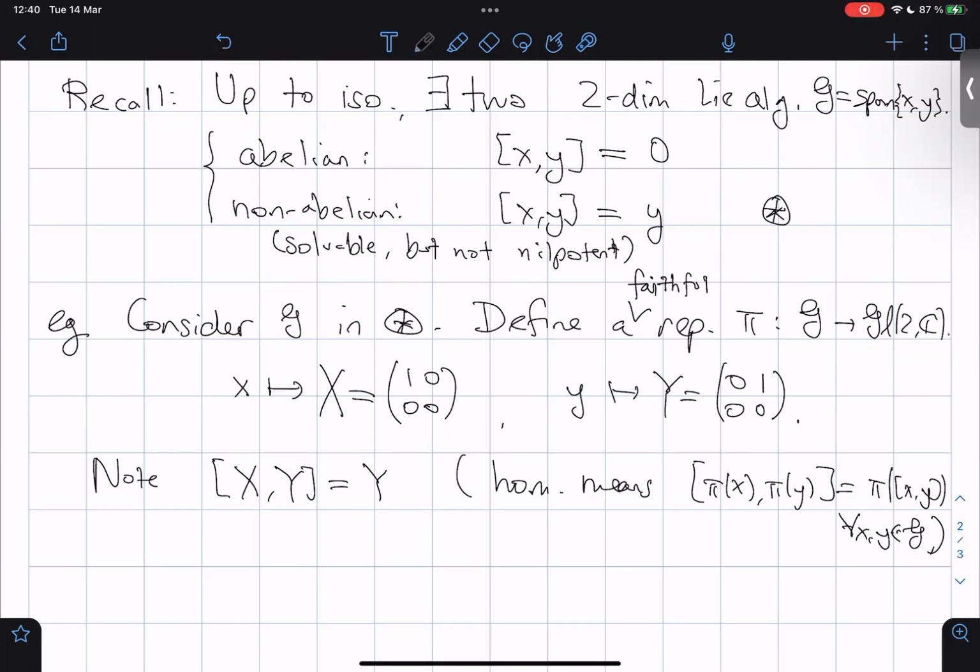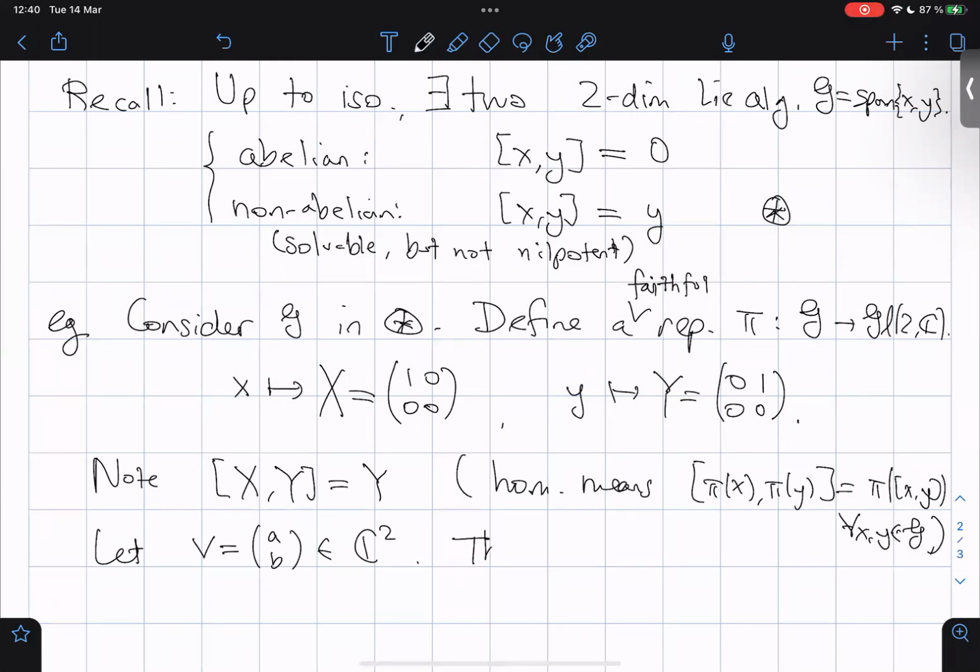Okay, so with those definitions I put up before, you could ask about some quantities like invariant subspaces. First of all, how do these guys act on a general vector in the vector space V, which is V2 in this case?